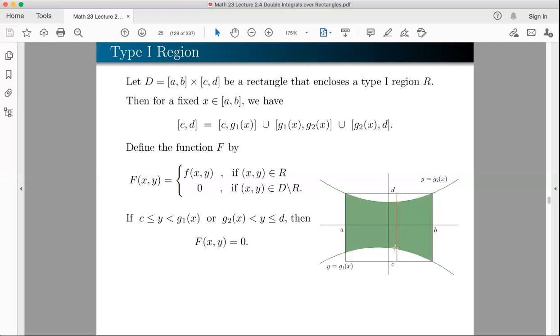On the other hand, if your y is between g sub 1 of x and g sub 2 of x, you get a point which lies in the region R. So the value of big F there is small f of x, y.